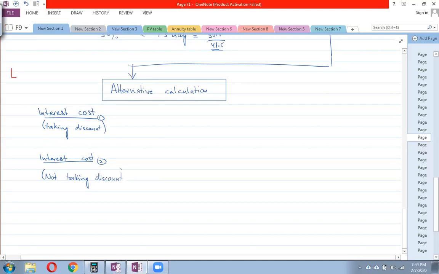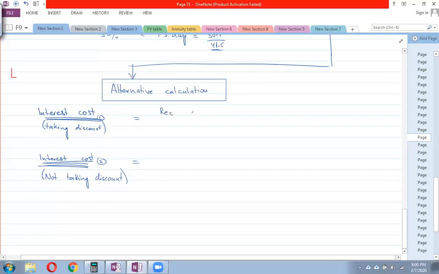I mean, it's the customer's choice, isn't it? If they want to pay early and get the discount, or if they want to pay late and not take the discount. Okay, interest cost. I'm not dividing it, I'm just explaining this. Now again, the formula will be the same.